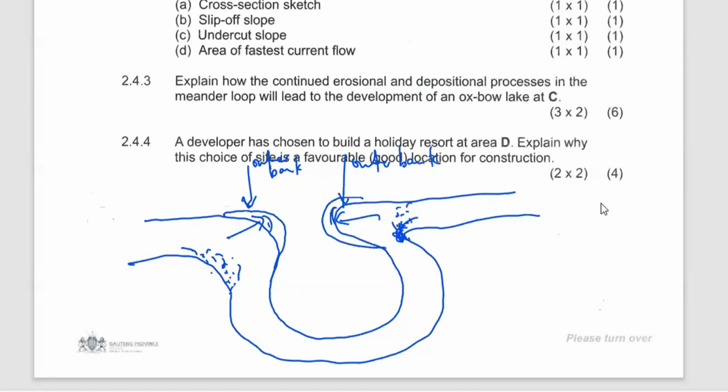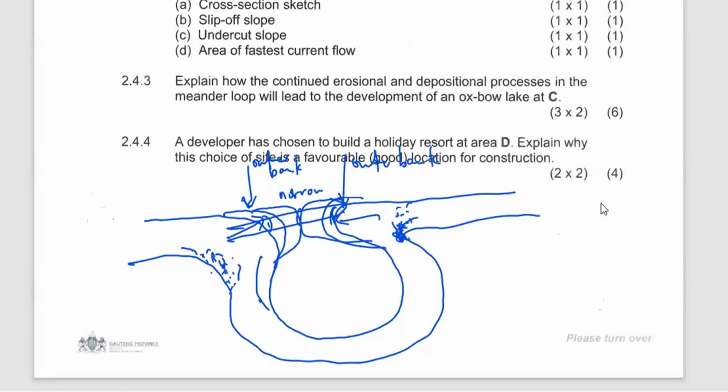So with continued migration of the stream channel because of erosion on the outer bank and deposition on the inner bank here, we tend to find that the meander loop becomes narrower and narrower. It narrows gradually until the cycles of erosion ultimately manage to get to each other. If they get to each other, it means the river will break its course via this.